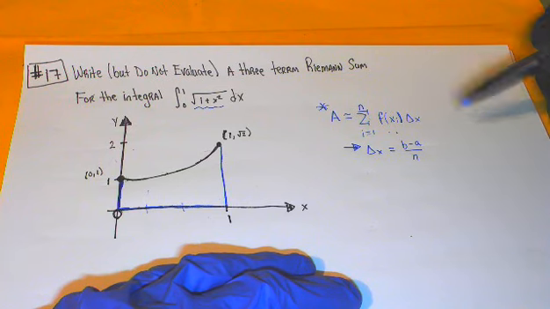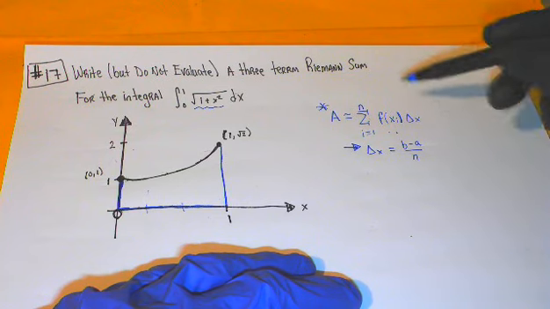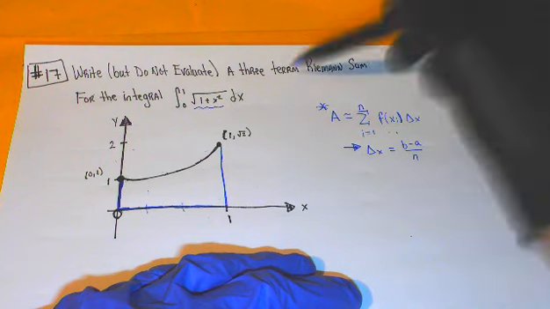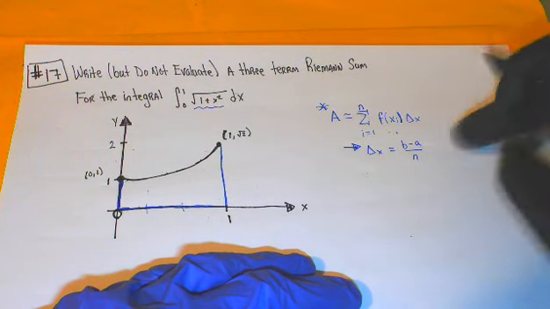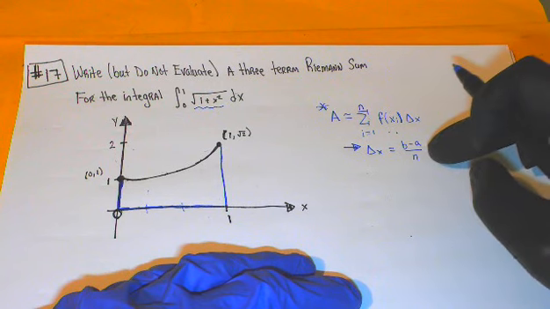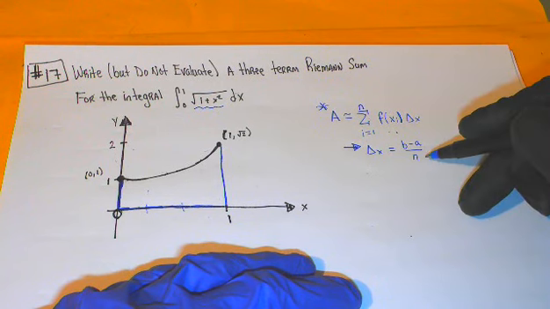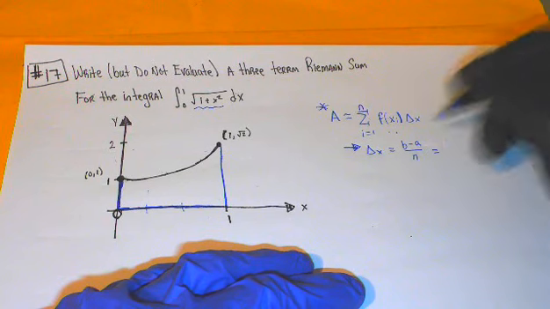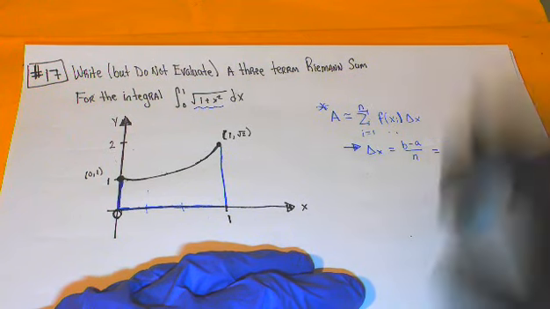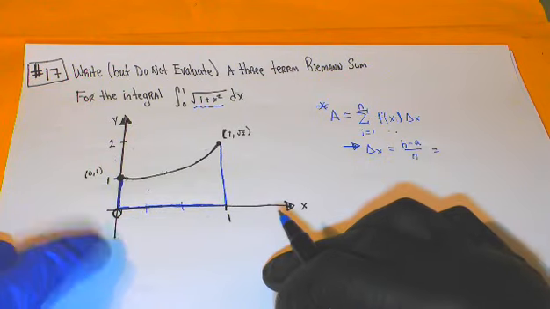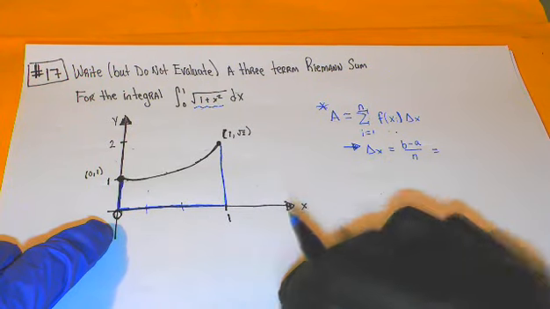Since you're looking at a three-term Riemann sum, you can conclude that you're going to use three rectangles. For the values of b and a, it's the values of your region on that closed interval. A is 0 and b is 1.